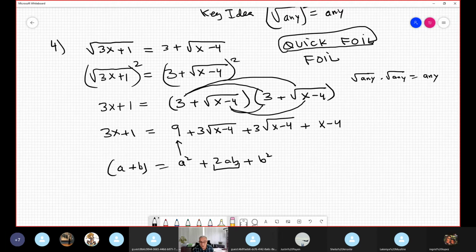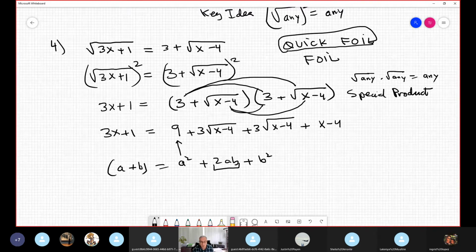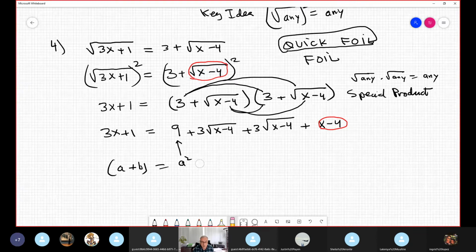I know que this is a special product, and they are twin brothers, and they are repetition. So 6, because 3 plus 3 is 6. And I square the second. The second is radical x minus 4. When you square, it becomes x minus 4 without radical. Okay? Okay, guys? Doesn't matter. Either way.